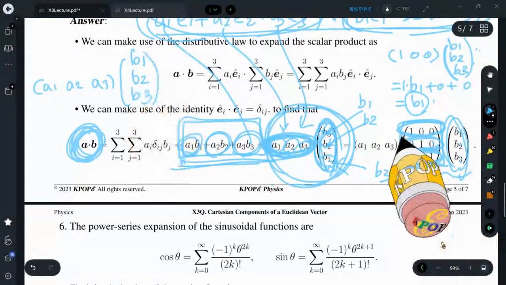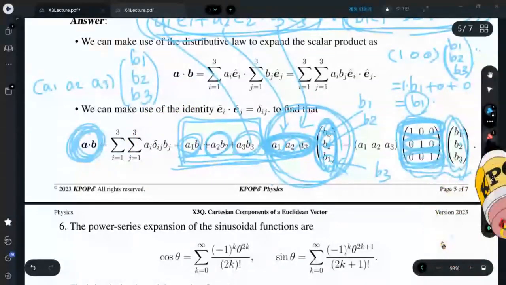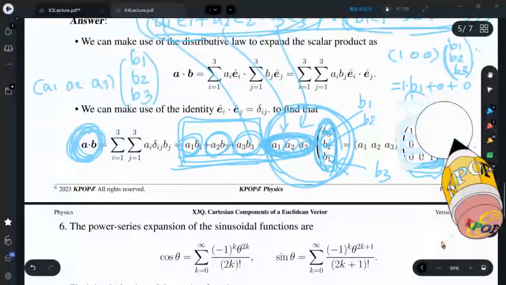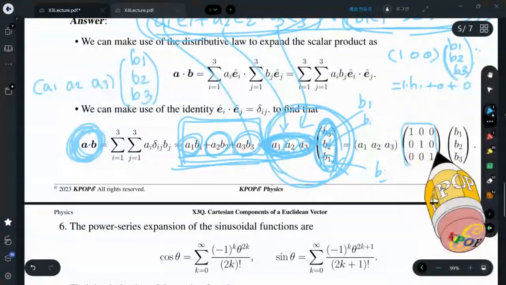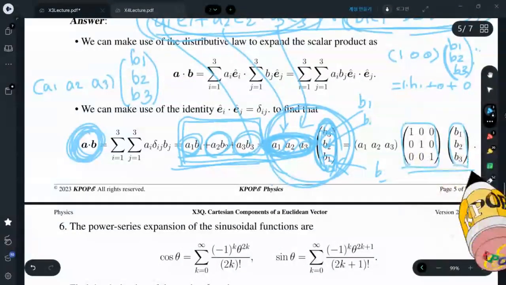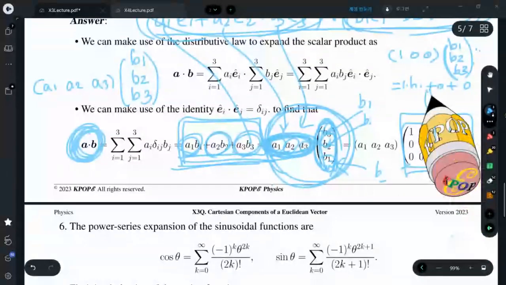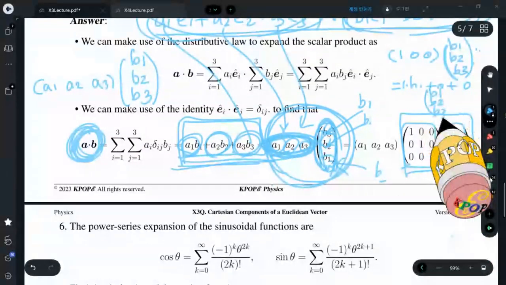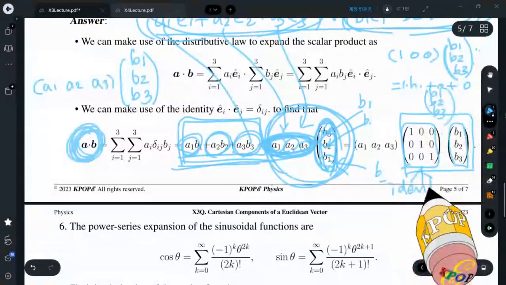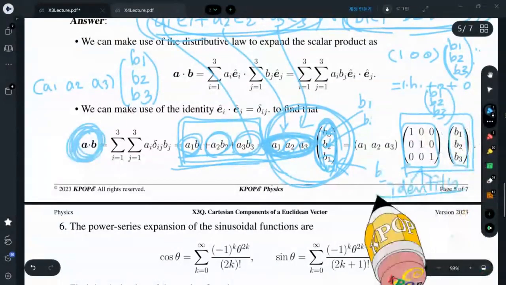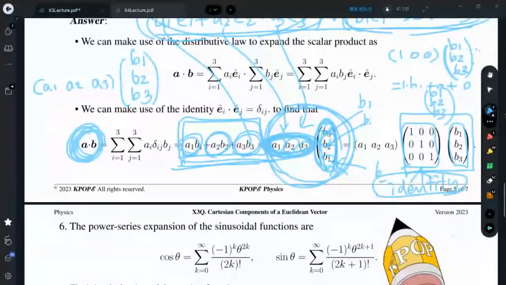So multiplying this identity matrix to this one does not change anything. It is the same. That's the reason why this one is called the multiplicative identity matrix, just like 1 is a number that is multiplied to another number to generate the same result.